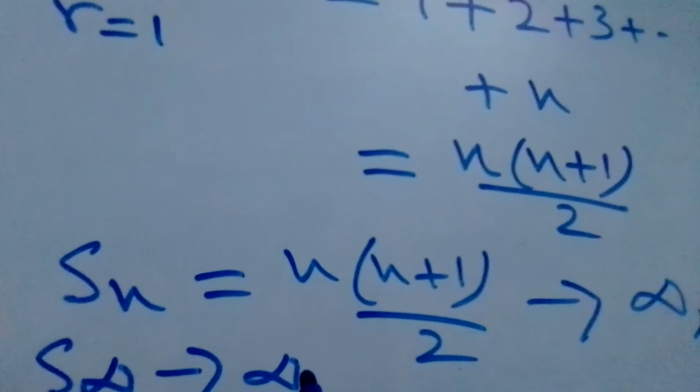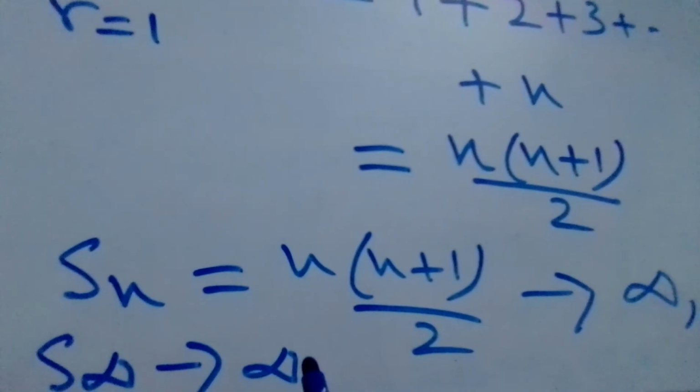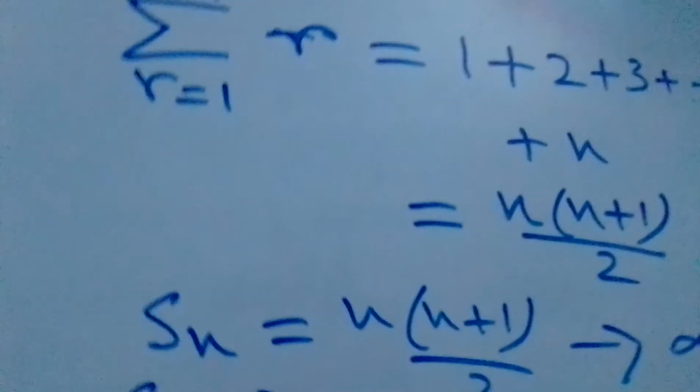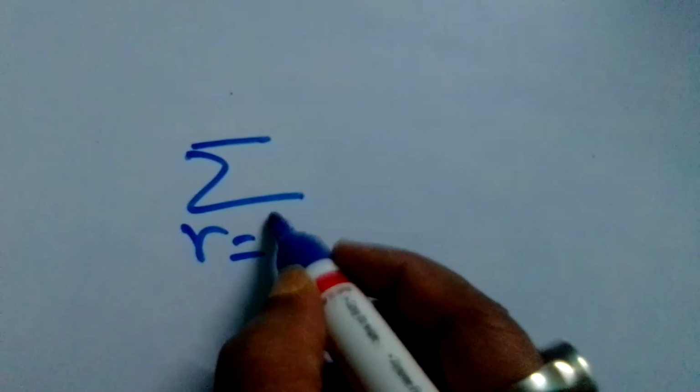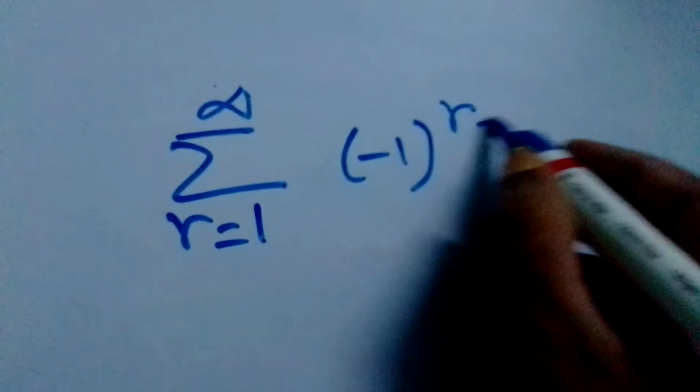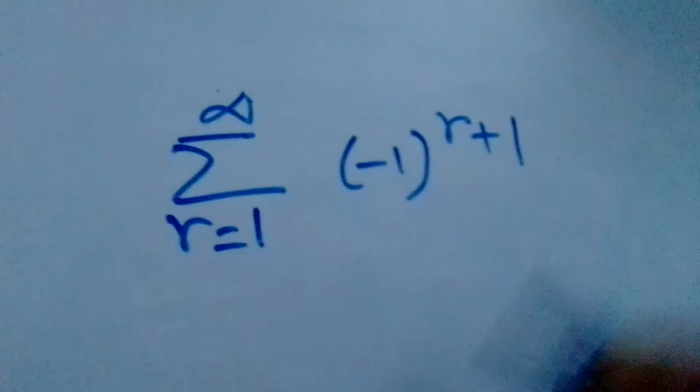In the next stage, let's consider another case, that is the case of an oscillatory sequence, and see how this sequence behaves. If we take summation r goes from 1 up to infinity of minus 1 whole to the power r plus 1, what happens there?